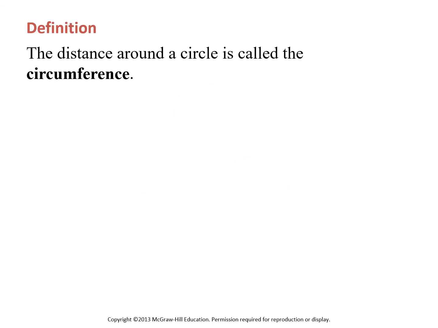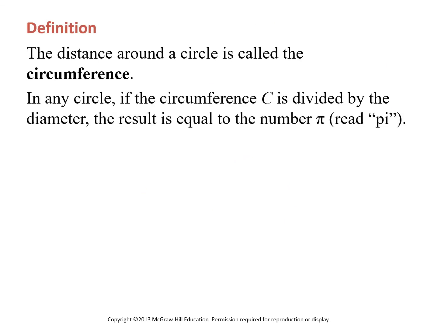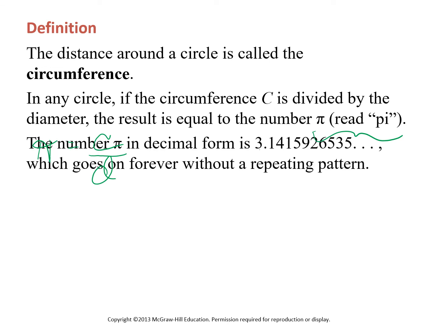The distance around a circle is called the circumference, and we use a number which is a Greek letter pi. And you've seen pi before. Pi is the ratio between the circumference and the diameter of any circle. If you take the circumference and divide it by the diameter, you get 3.14159, and you see it goes forever.